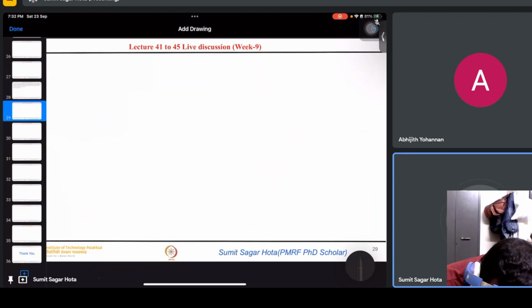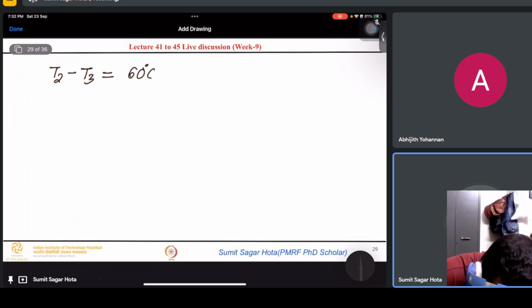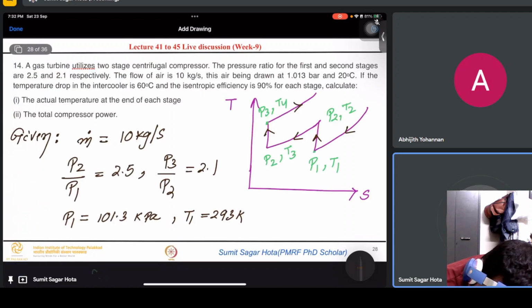That's the reason there are only three pressures. So the difference given is T2 minus T3, 60 degrees Celsius, and the isentropic efficiency is also given as 0.9, that is 90%.